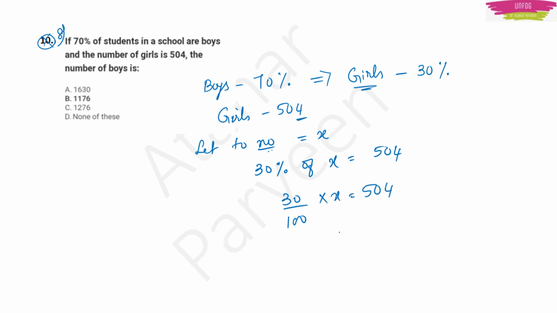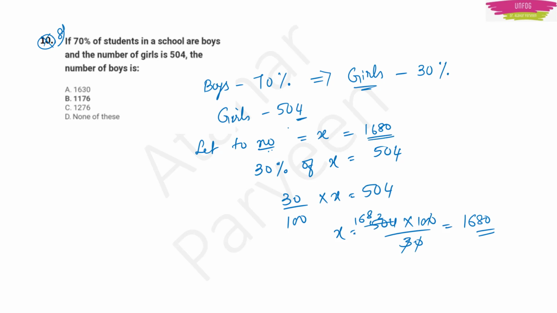This is equal to 504, or X is equal to 504 into 100 by 30. 0, 0 will get cancelled and 3 ones are 3. Here 2 is remaining, 3 6s are 18 and 3 8s are 24. So my answer should be 1680 students. So my total number of students is 1680.